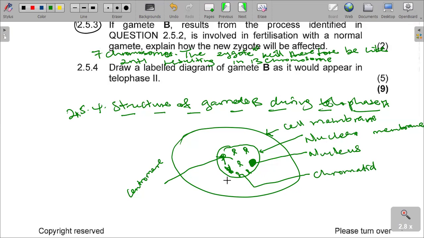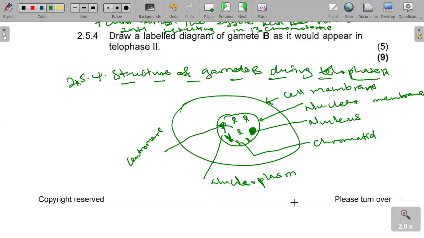Obviously, the space which is there, which we are saying is this one, is the nuclear plasm. You must understand that all these are quite important to be indicated on your diagram. So the diagram must be easy, quite simple and well labeled.